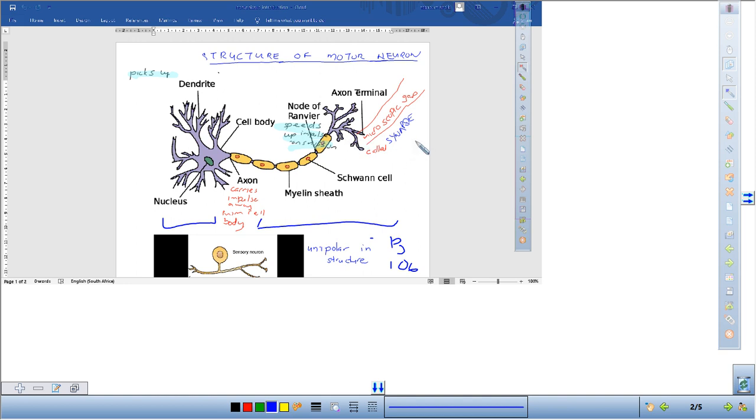So it needs to jump over the synapse. At the end of this structure here, at the end of the end plates, there's a structure there that produces something called a neurotransmitter.